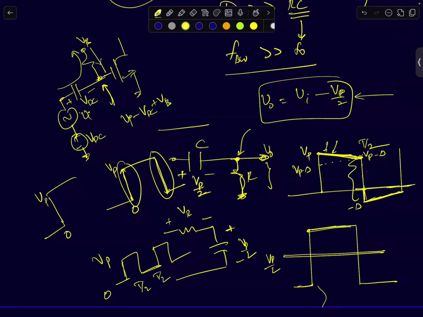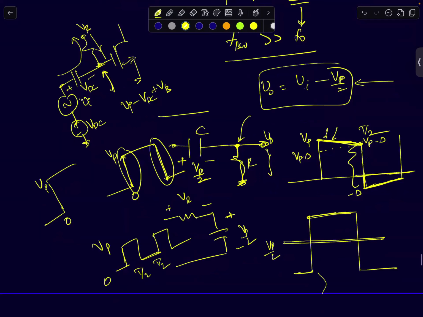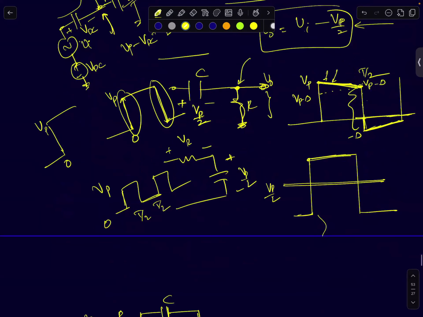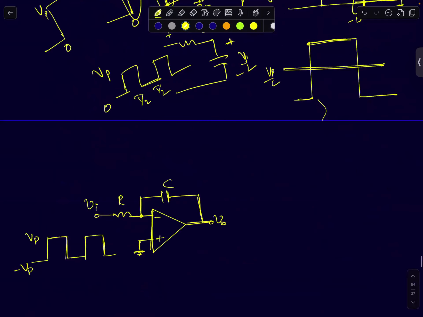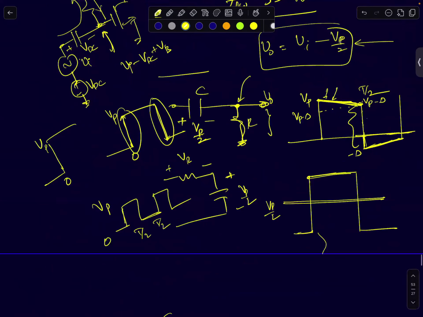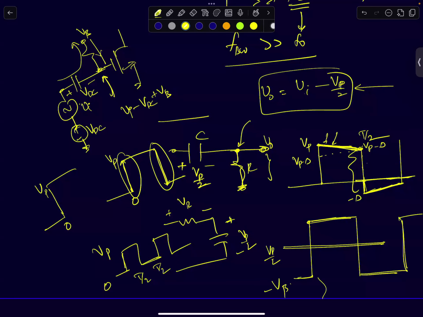So we have already used such circuits. This circuit is like a DC remover. It's removing the DC voltage from the input. If you look at the waveform across the capacitor, it will look like a square pulse which goes from minus Vp by 2 to plus Vp by 2.